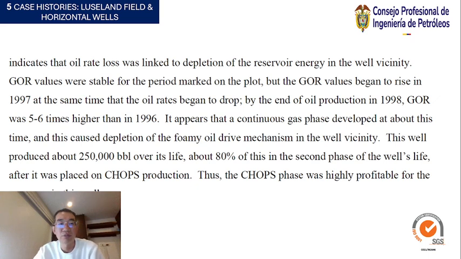This well produced about 250,000 barrels over its life, about 80% of this in the second phase of the well's life after it was placed in CHOPS production. Thus, the CHOPS phase was highly profitable for the company in this well.